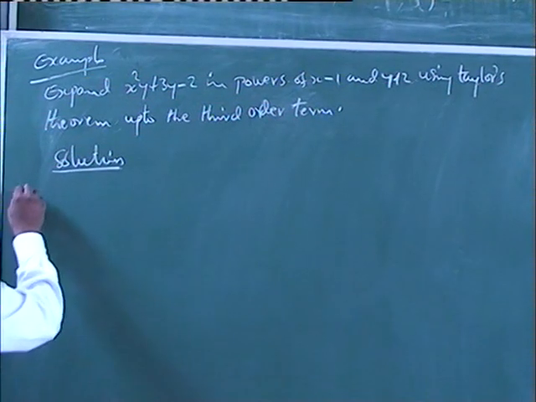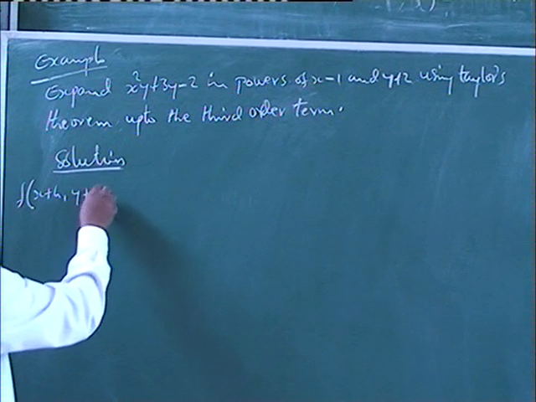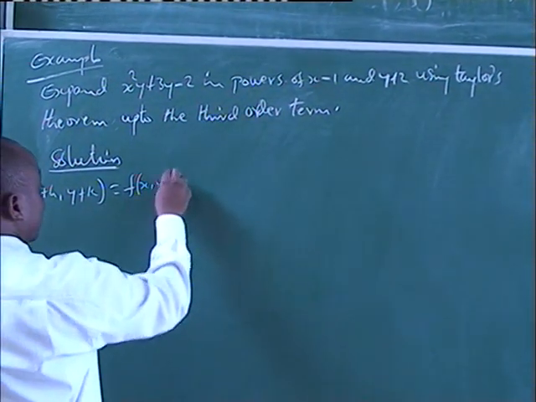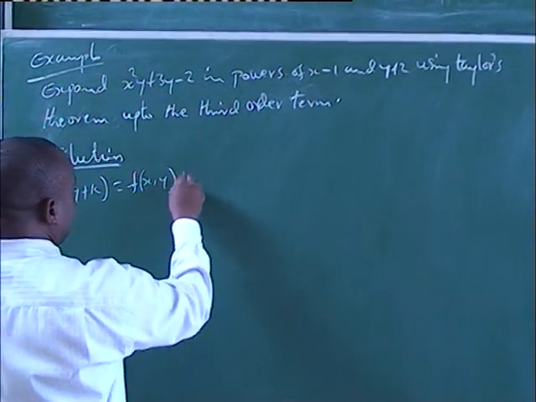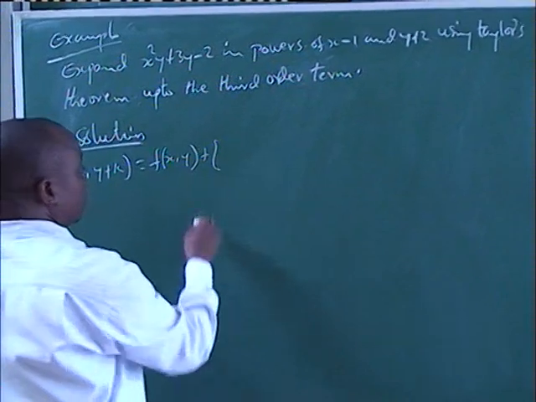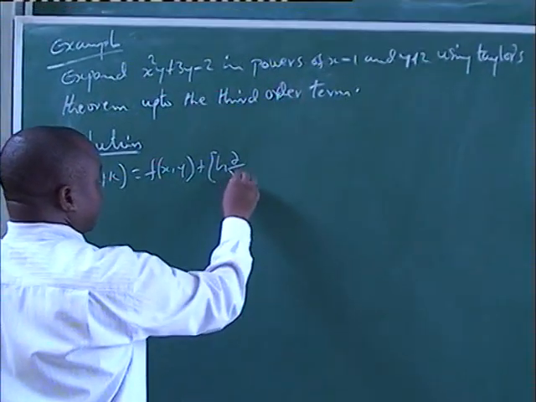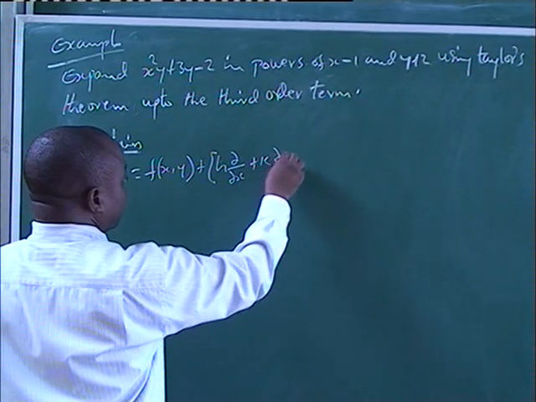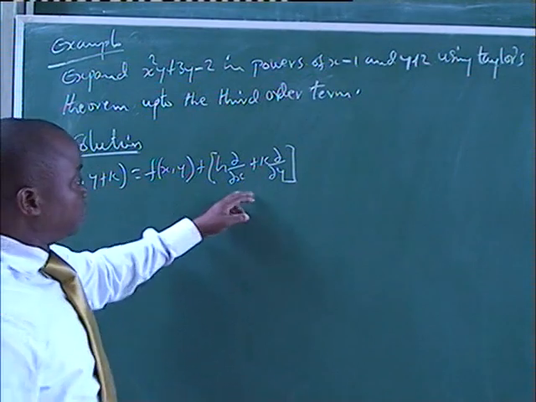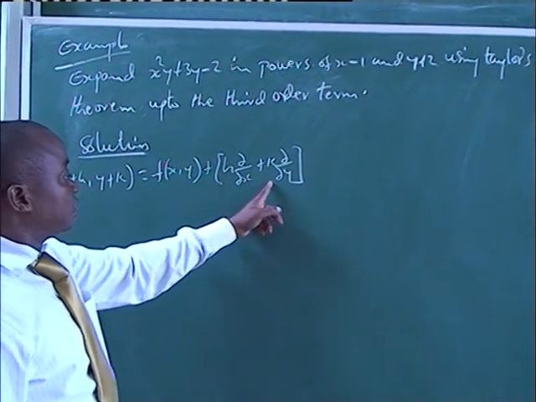Now we know that f of x plus h and y plus k will be equal to f of xy, right? Plus, now let's make it the way that the understanding will be more. Now you can write it in this way.